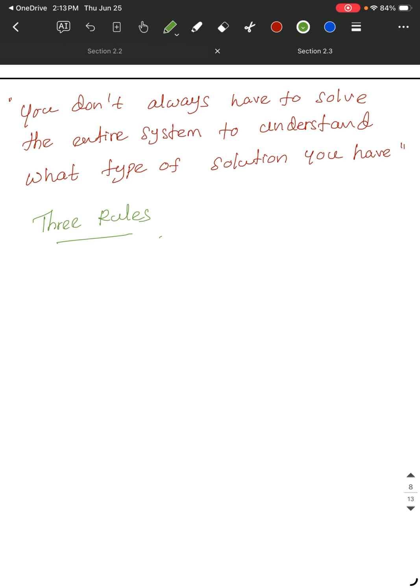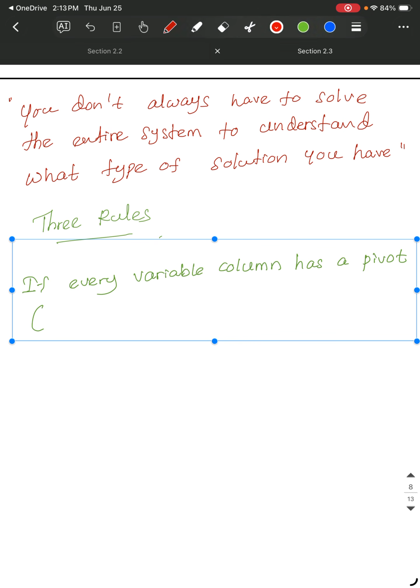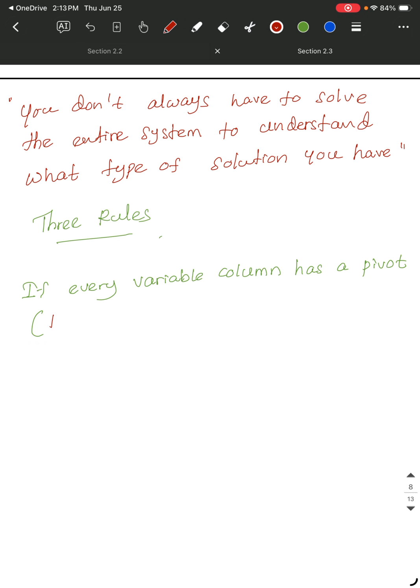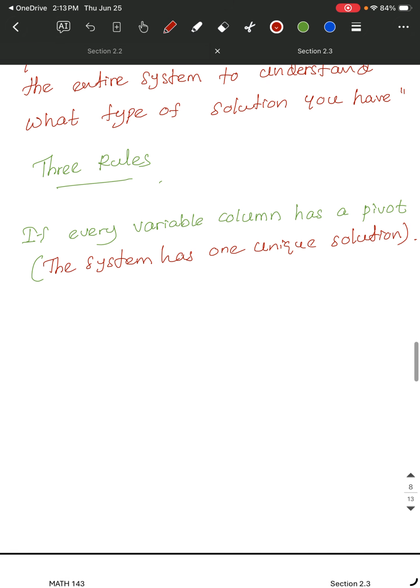First one, if every variable column has a pivot, that means every variable column has a leading coefficient 1, the system has one unique solution. Right?